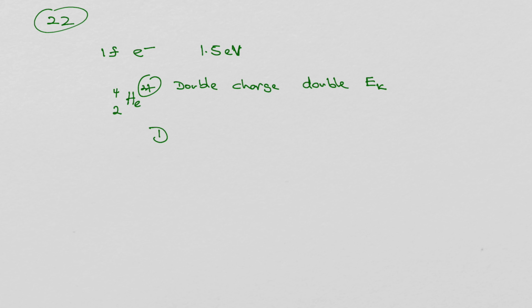A positron is positive, so again that will not double because it's just got plus 1. Electron is minus 1. Alpha particle is plus 2. Because the alpha particle is plus 2, that charge is doubled, and therefore this will double the kinetic energy. So it's going to be D.